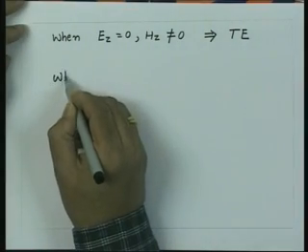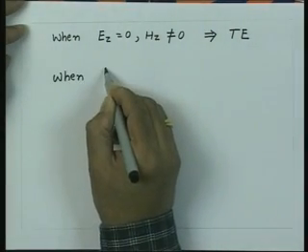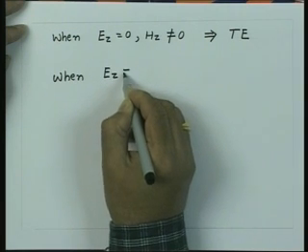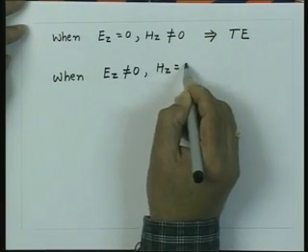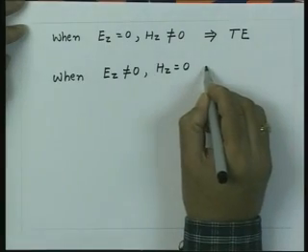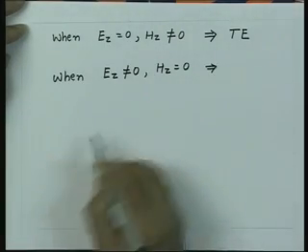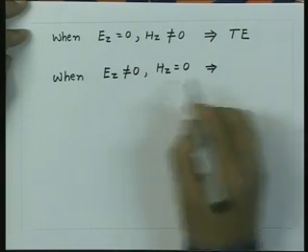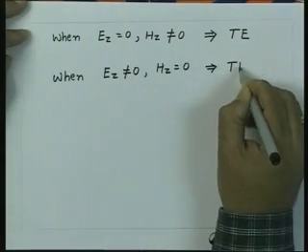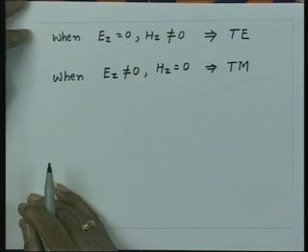Similarly, when Ez is not equal to 0 but Hz is 0, that gives me the magnetic fields for which the fields lie only in the transverse direction. So we get a field configuration which is nothing but the transverse magnetic configuration.